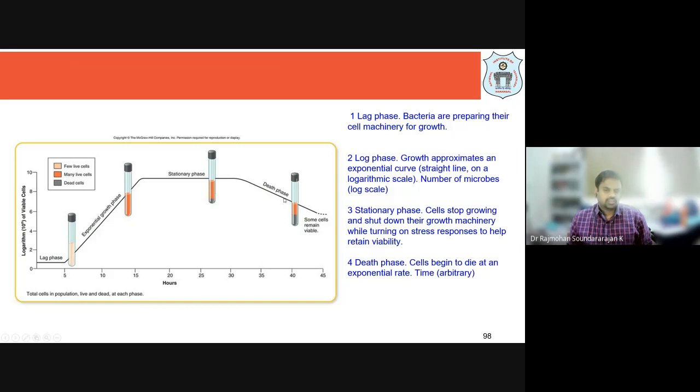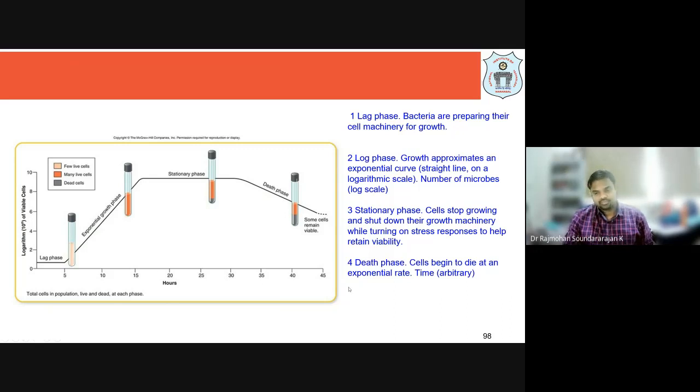Then in the death phase, the number of dead cells will be more, and the number of live cells will keep decreasing with respect to time in hours. This diagram shows in colors where more live cells and where more dead cells are there.